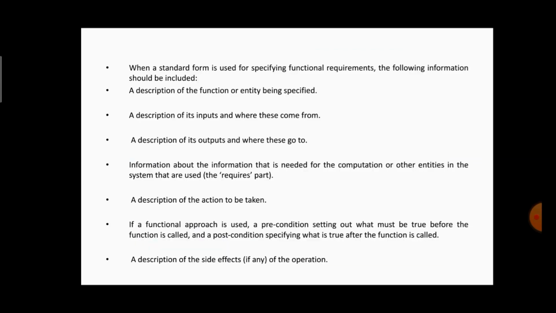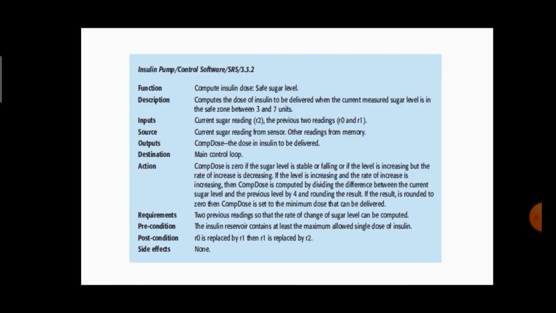And one more important thing, when a standard form is used for specifying functional requirements, the following information should be included. When you are following a format or a template, if you include all these things, it will be easy for you. First, what you have to include in a format or template is a description of the function or entity being specified. You can see I included the description here in that function.